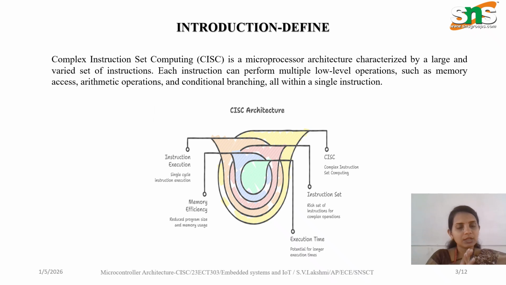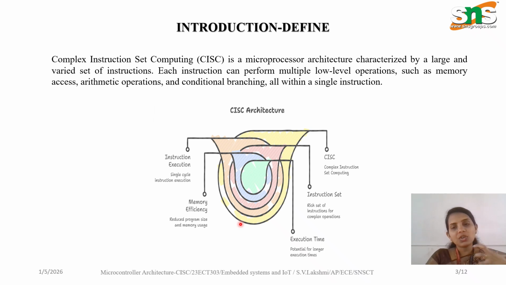So as discussed, complex instruction set computing is a microprocessor architecture which is characterized by a large and varied set of instructions. As I told, a single instruction will perform multiple operations like storing, loading, computing, other arithmetic operations, conditional branching, etc. All these multiple things would happen within a single instruction. So these are the CISC architecture characteristics: complex instructions, hence complex instruction decoding.